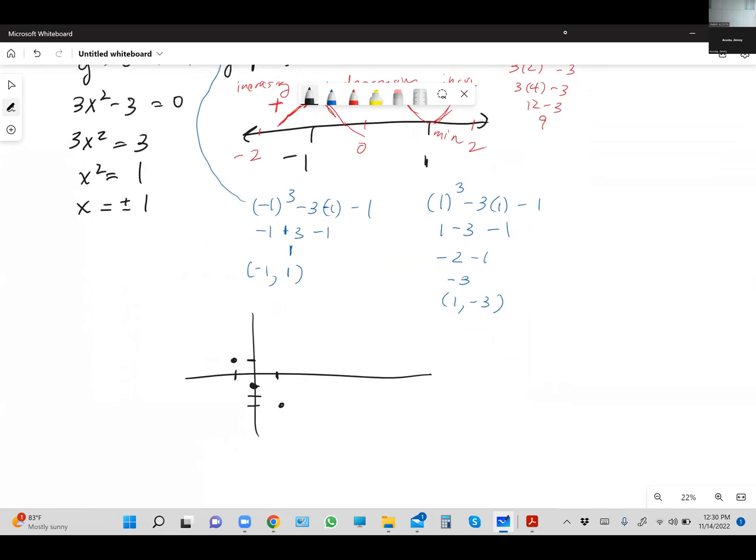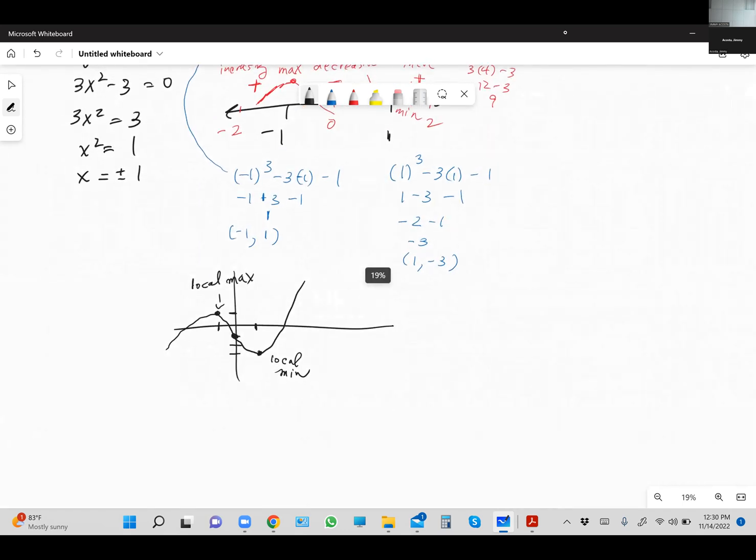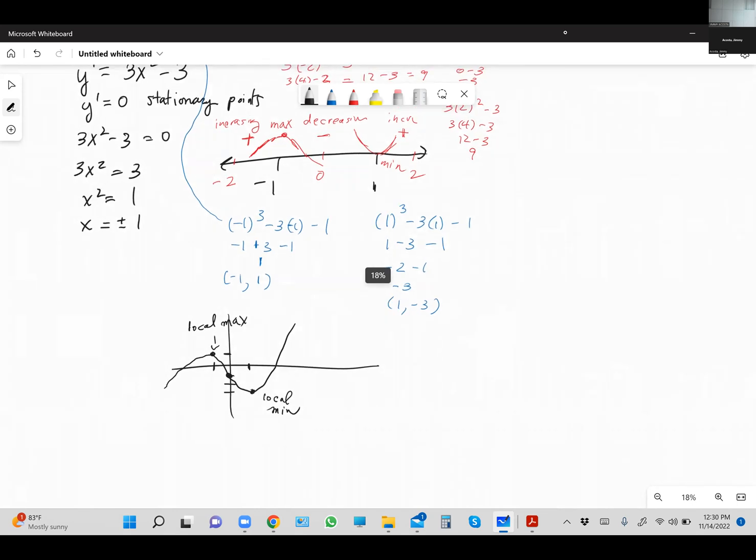And this one increases, then decreases, and then increases. So this is a local max, and this is a local min. And we made a sketch by using derivatives to analyze when the function increases and decreases. And by there, we can figure out if it's a maximum or minimum.